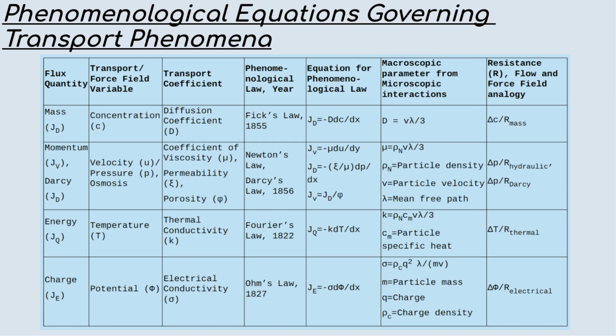So for each of the flux quantities we have transport force field variable, transport coefficient of phenomenological law, equation for the phenomenological law, macroscopic parameter from microscopic interactions, and the resistance based formulation for each of the flux quantities.